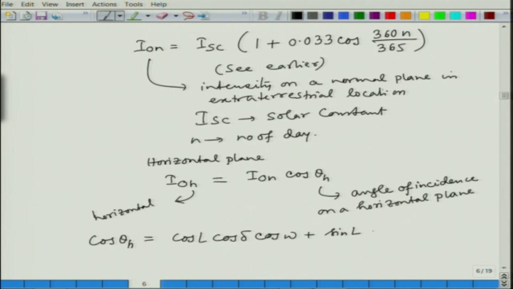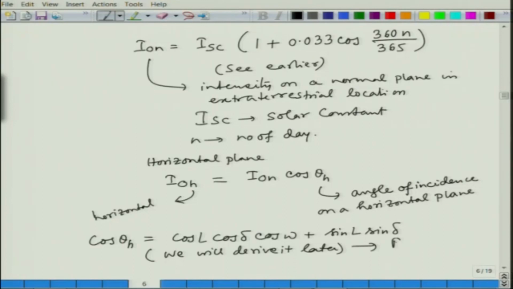Okay. So, we will derive it later, but for now you just accept that this cos theta h can be obtained exactly in terms of other angles. For now, please accept we know cos theta h exactly. Okay.